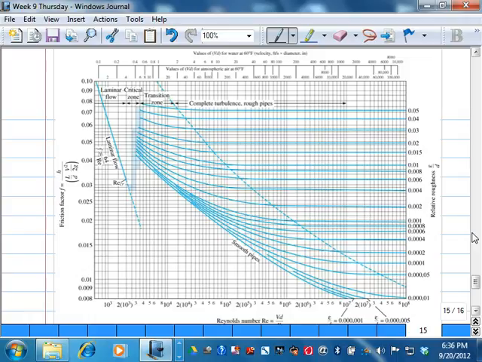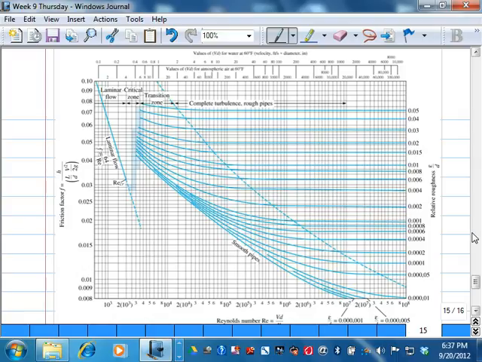Your mean free stream flow is already interacting with the roughness of the wall, and therefore increasing the Reynolds number doesn't change the friction factor. That's what it means in this region here.